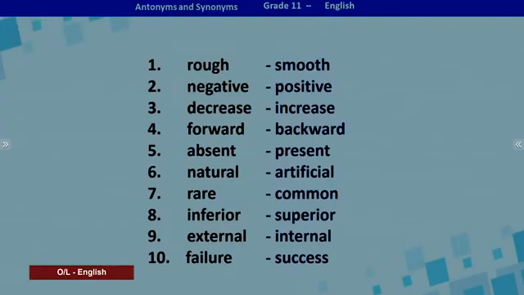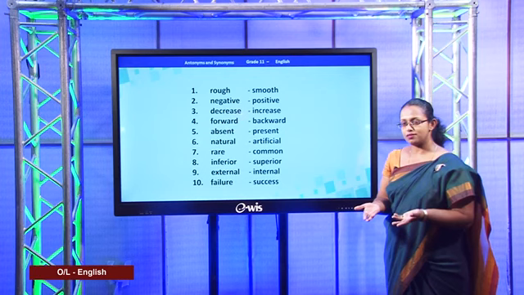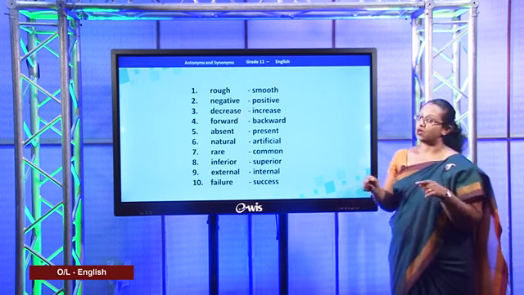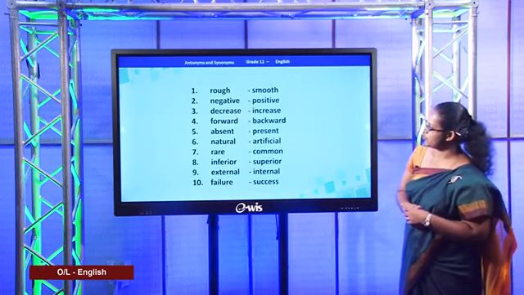Forward, backward. The opposite of forward is backward. Got it? Okay. The fifth one, absent, present. When you are not in the classroom, you are absent. When you are there in the classroom, you are present. Natural, artificial.